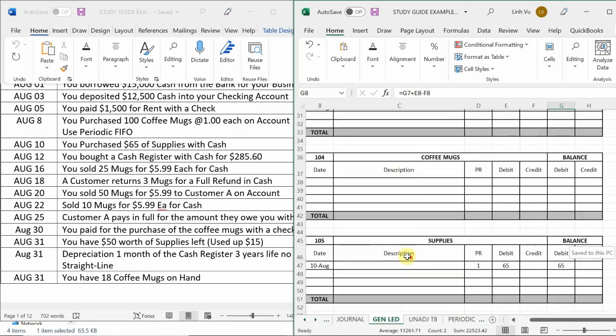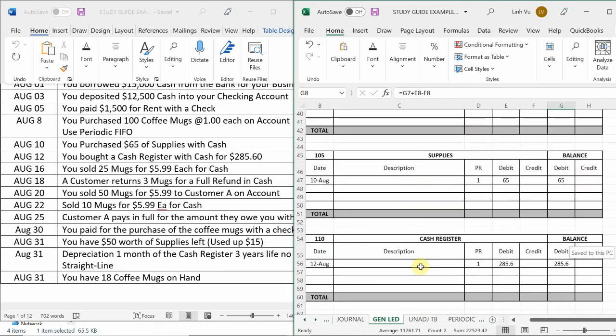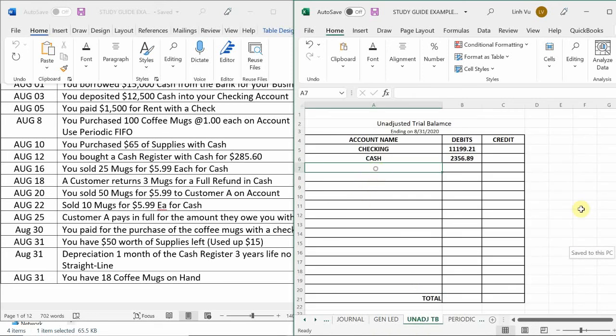Coffee mugs, nothing there yet. Supplies, for 65. Yeah. Okay.